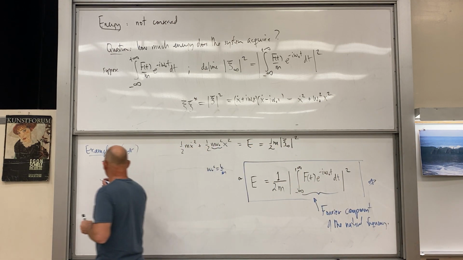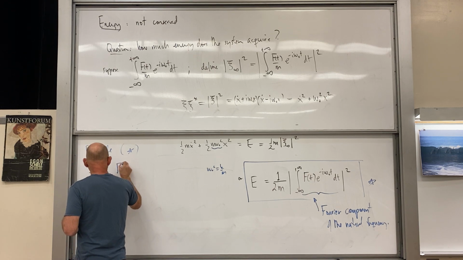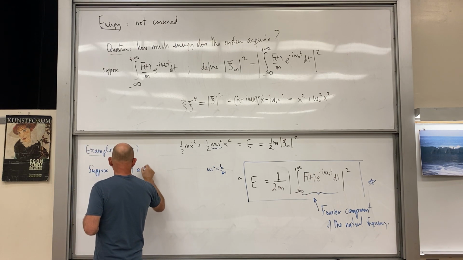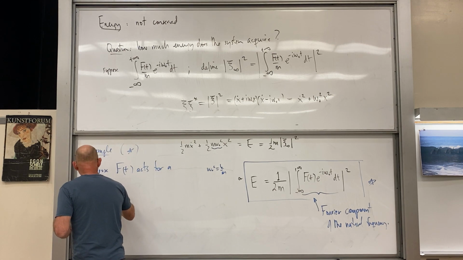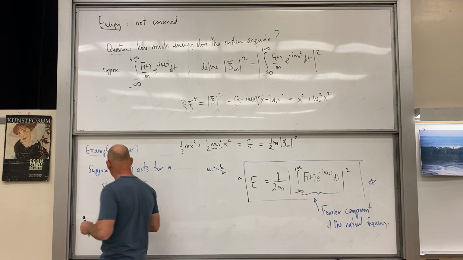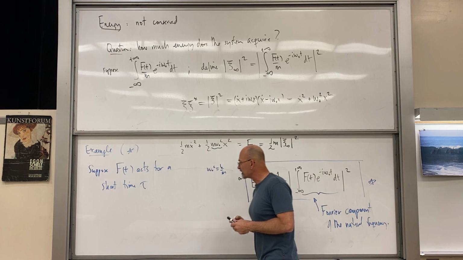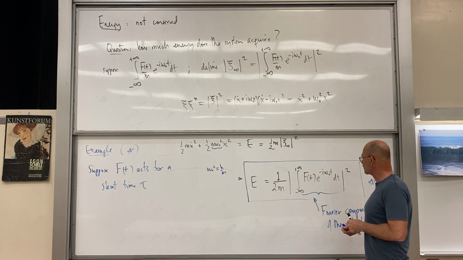Suppose f of t acts for a short time. I can call it tau. So tau is a short time. Well, what is a short time? How can we say a time is short?